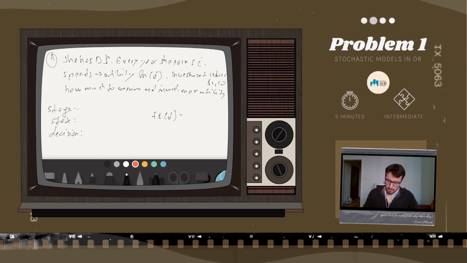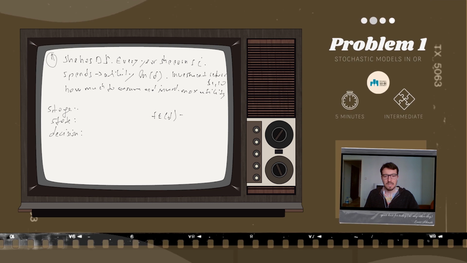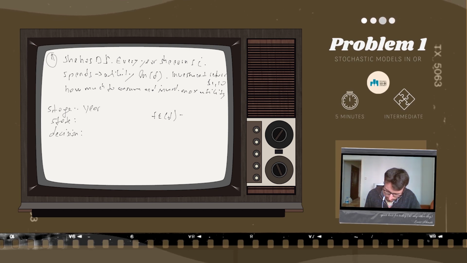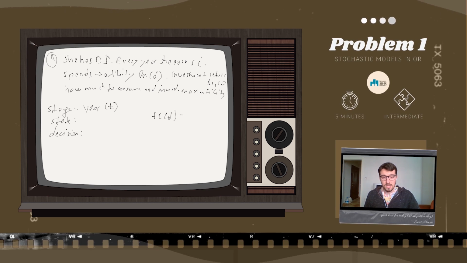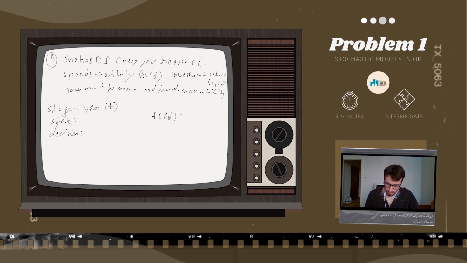As always, our first step should be deciding the stage, state, and decision. Stage: in this case, we are playing with years, so we will say year. Decision: the question is giving us our decision. We are trying to decide how much money to spend.